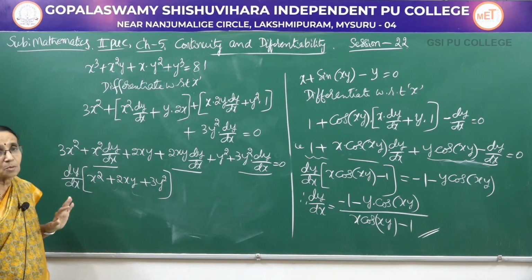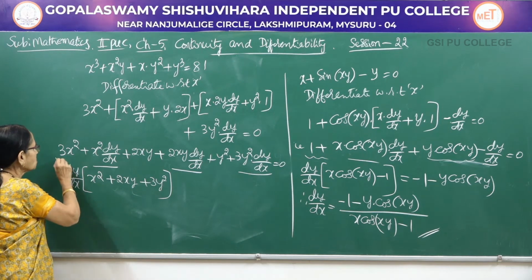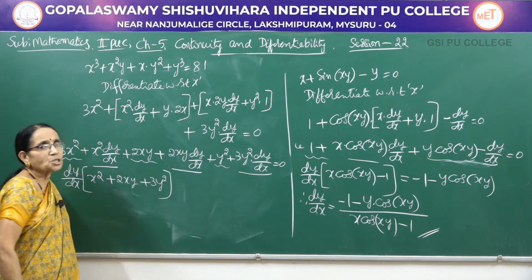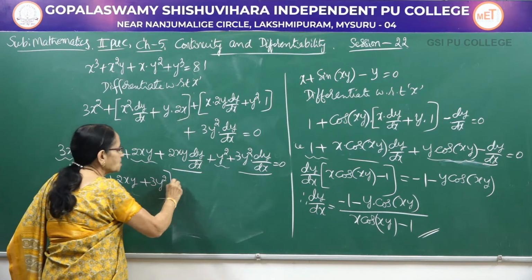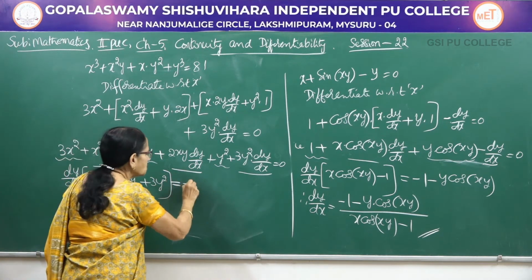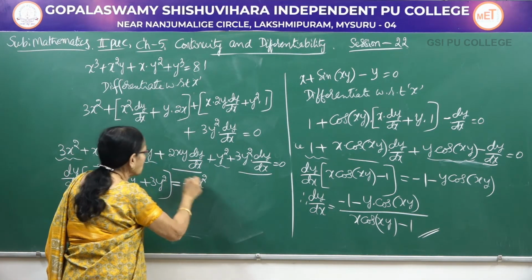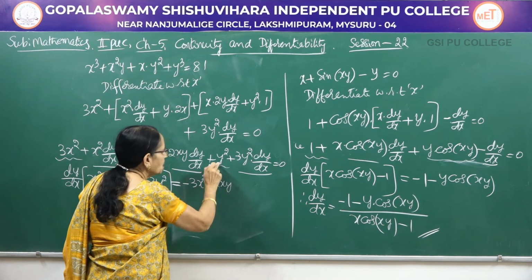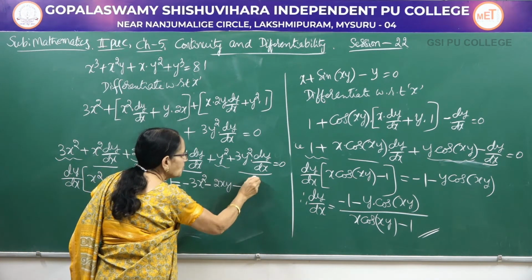Now what are the other terms which do not contain dy by dx? This is 1 and this is 1, this is the third one. Let me shift all of them to the right hand side. All of them are positive, so they become negative. It becomes minus 3x square, and this is minus 2xy, and this is minus y square.